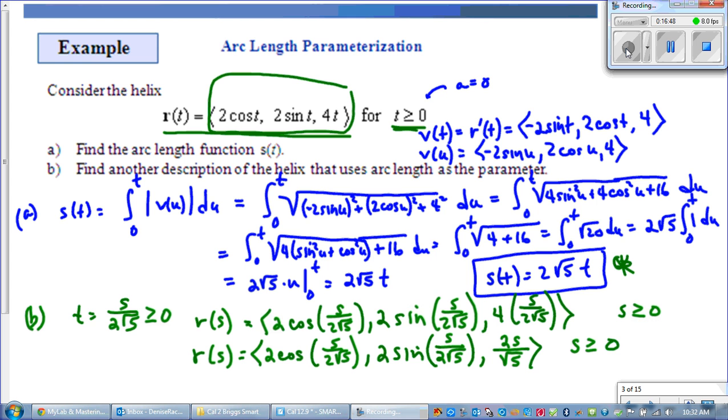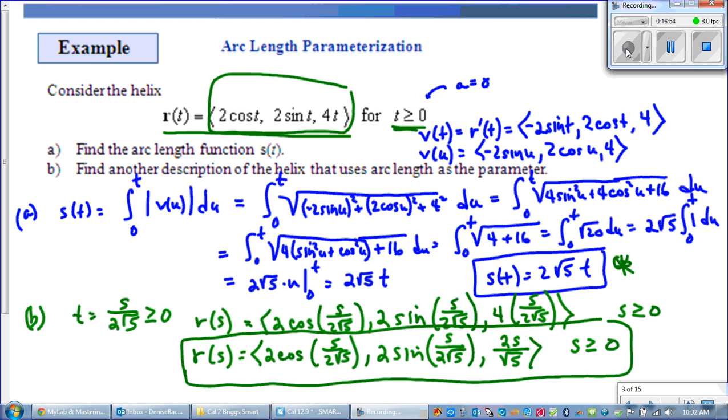And that's our description of the same exact curve, same helix, except now the variable s is the actual arc length that's been traveled. So when s is equal to 3, the length of the curve that's been traced will be 3. It's the same as the arc length.